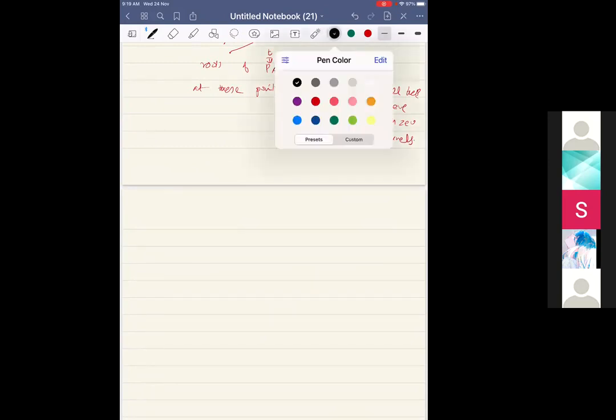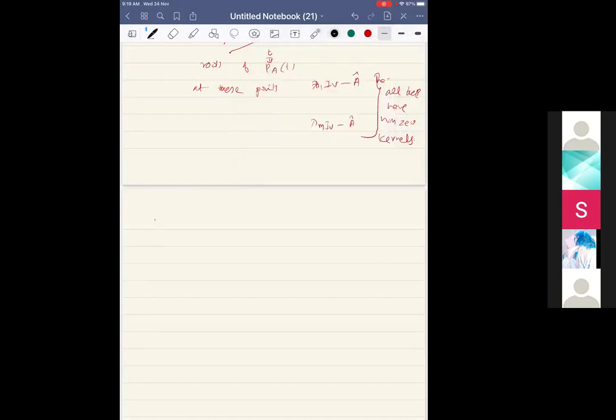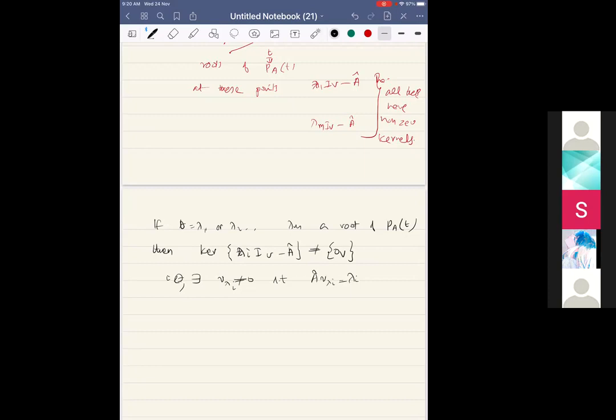Great. So now, if t is equal to lambda 1 or lambda 2 or lambda m, a root of PAT, then the kernel of t of lambda I minus a hat is non-zero, i.e. there exists v lambda not zero such that a hat v lambda I is lambda I. Let me just call this vi.